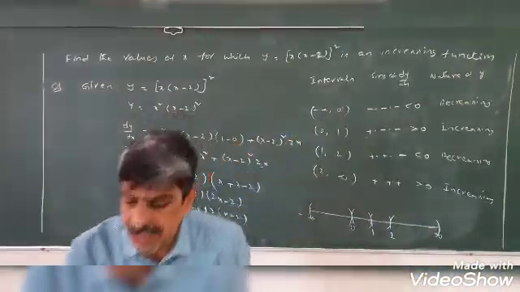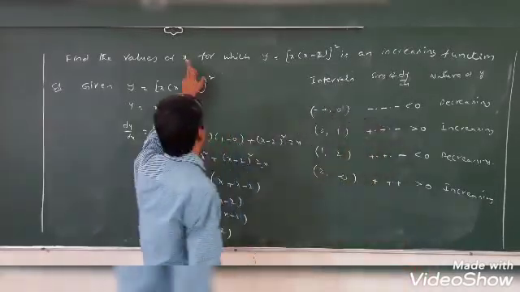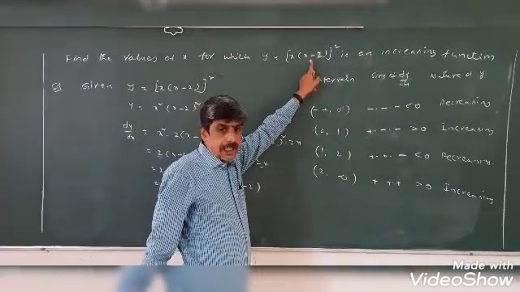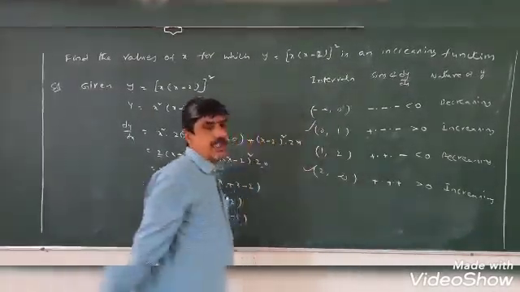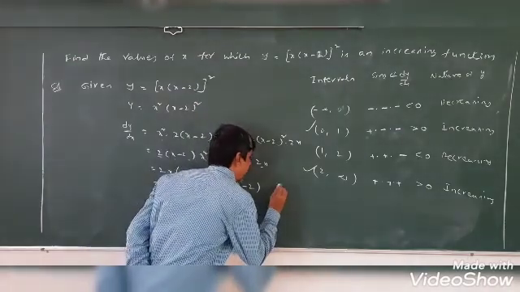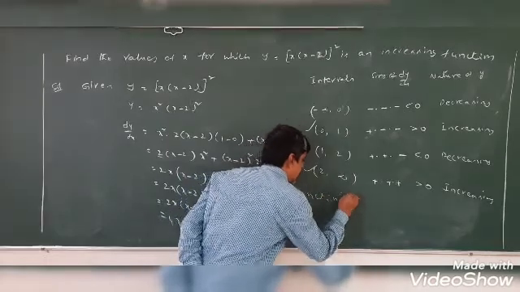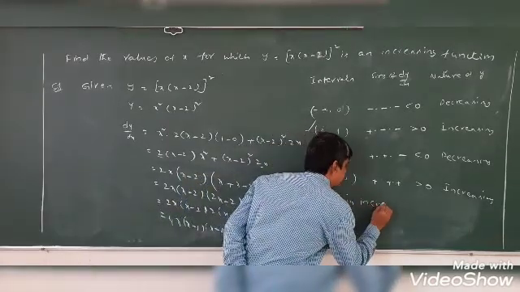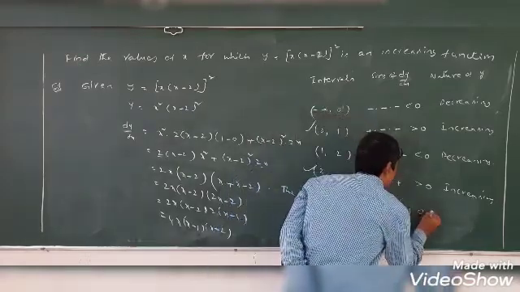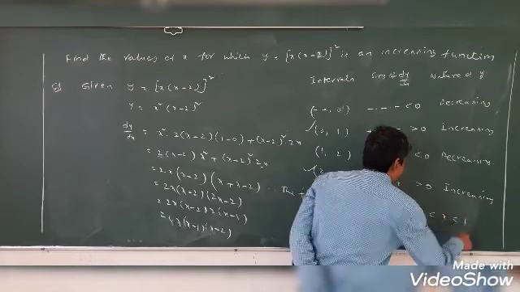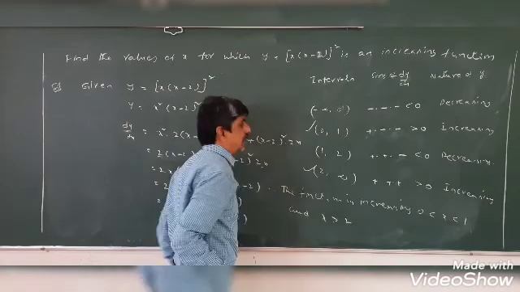Now we want to find the values of x for which the given function is increasing. Increasing in this interval and this interval. Therefore the given function is increasing for the values of x: 0 less than x less than 1 and x greater than 2.